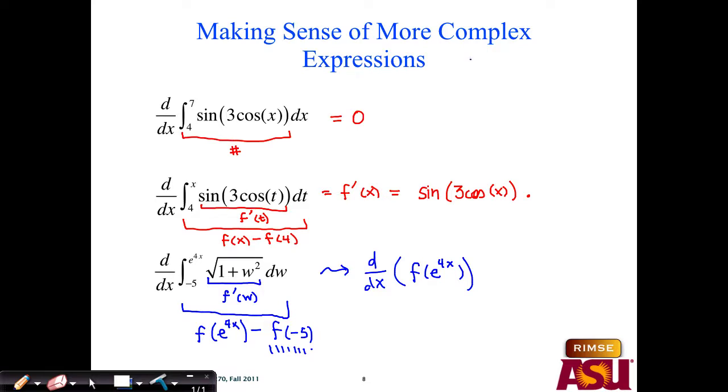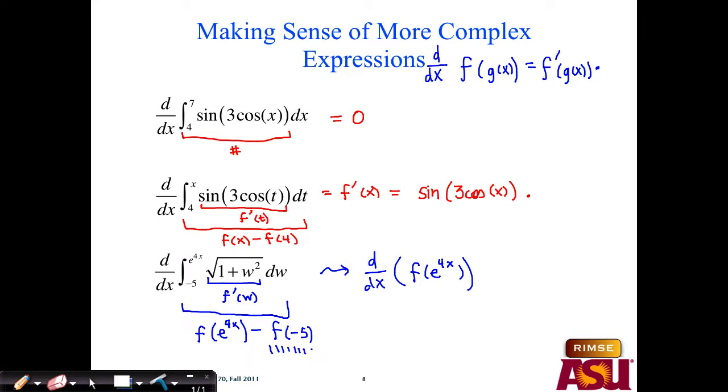If I have a function f of g of x, and I want to take the derivative of that with respect to x, the variable that's a part of this inner function, we take the derivative of the outer function, leaving the inner alone, and then times the derivative of that inner function.